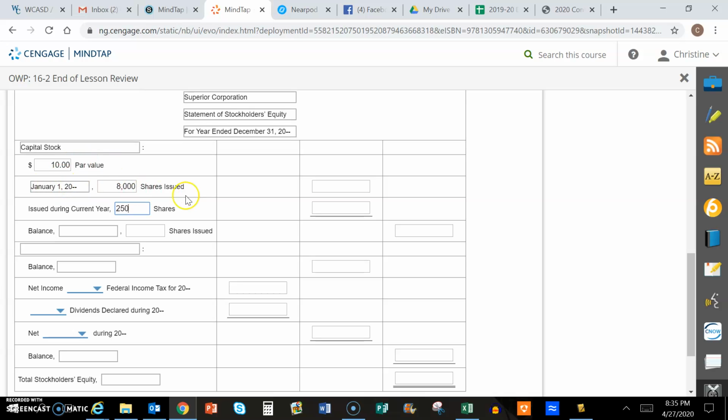So you have $10 par value, 8,000 shares, that's $80,000. You have an additional 250 at the $10 par value, so that will be $2,500. The balance on December 31st is 8,250 shares, and we add those two up to get $82,500.